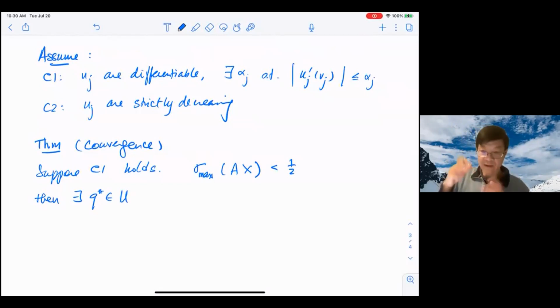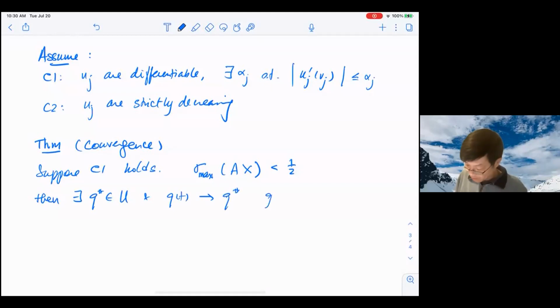Q star is the control vector that is admissible within the box, the range, and Q t converges to this unique Q star geometrically, exponentially fast.